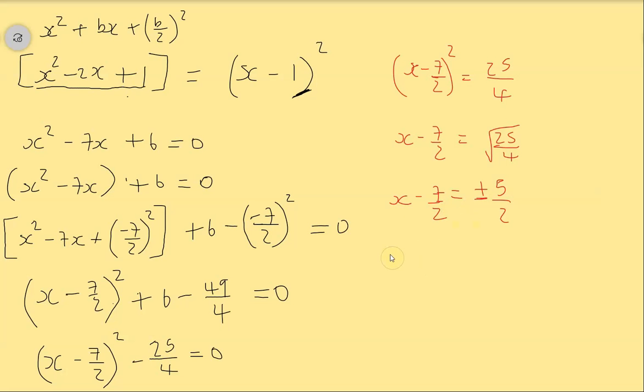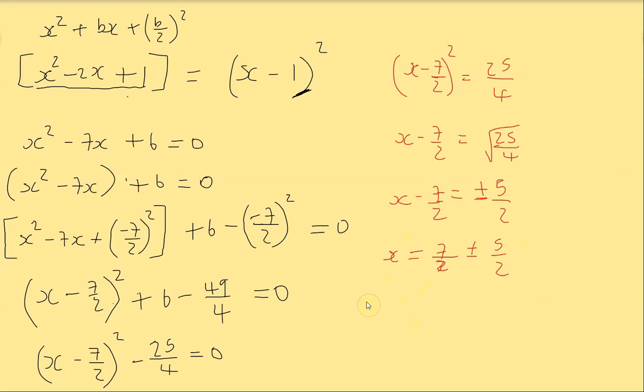Now let's proceed to solving for x. Now x is equal to, and we're going to bring over that negative 7 over 2, so that's equal to 7 over 2 plus or minus 5 over 2. And it's safe to put this number first and then the other number that we're going to add and subtract.